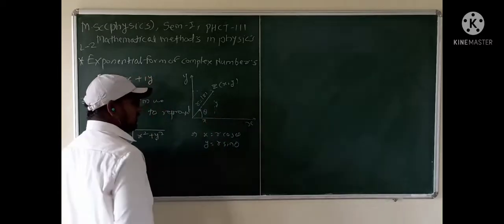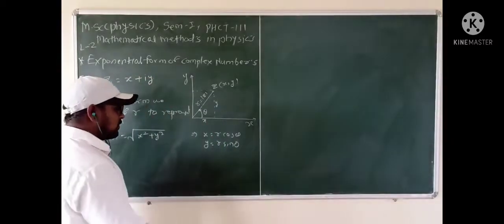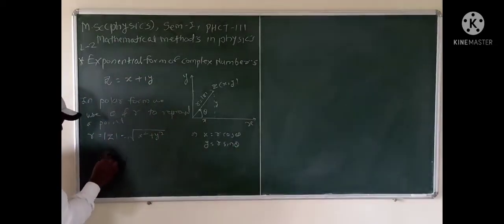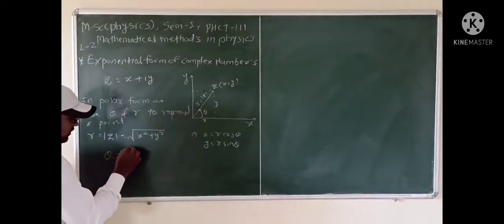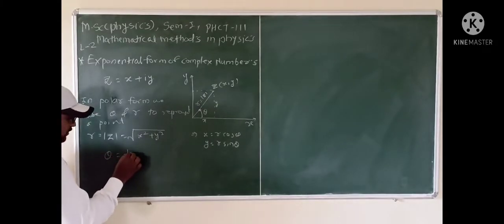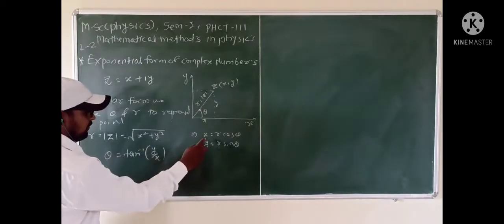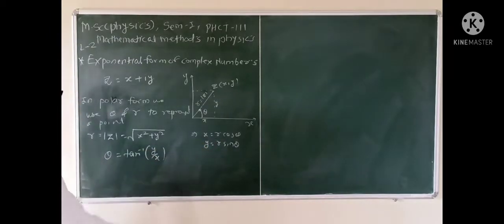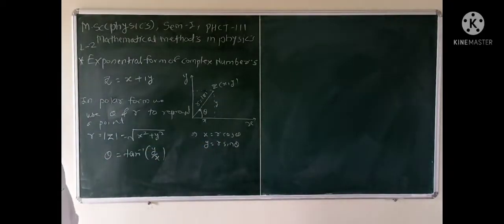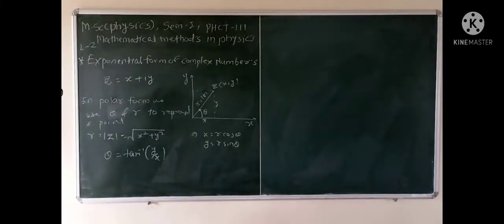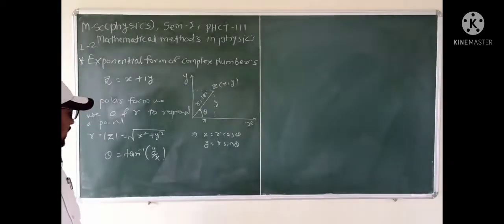Using these two relations, the angle theta is equal to tan inverse of y by x. If we divide y upon x, r gets cancelled, we get sin theta upon cos theta, so we are left with tan theta. We want theta, so theta is equal to tan inverse of y by x.